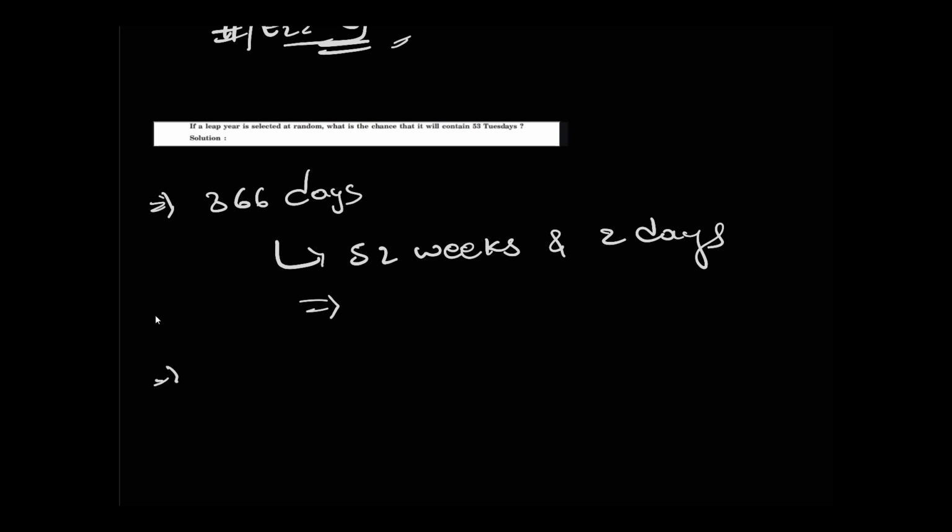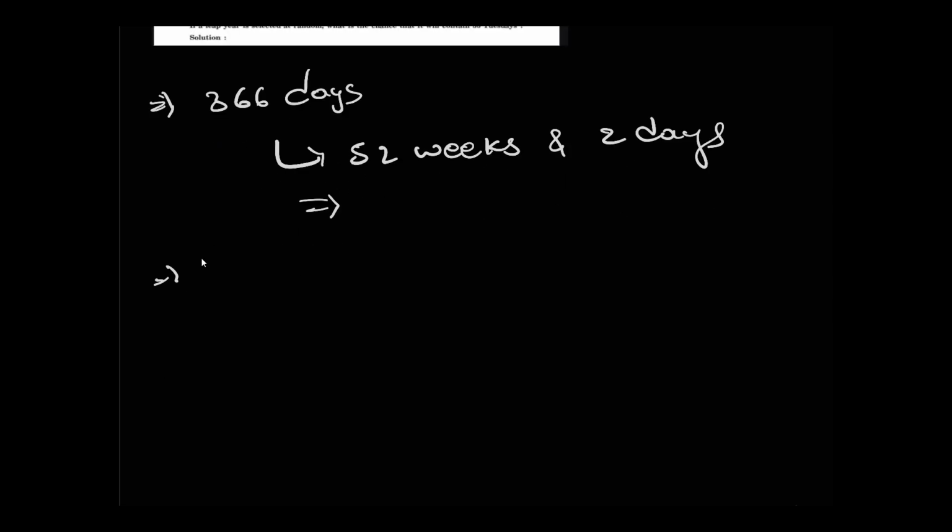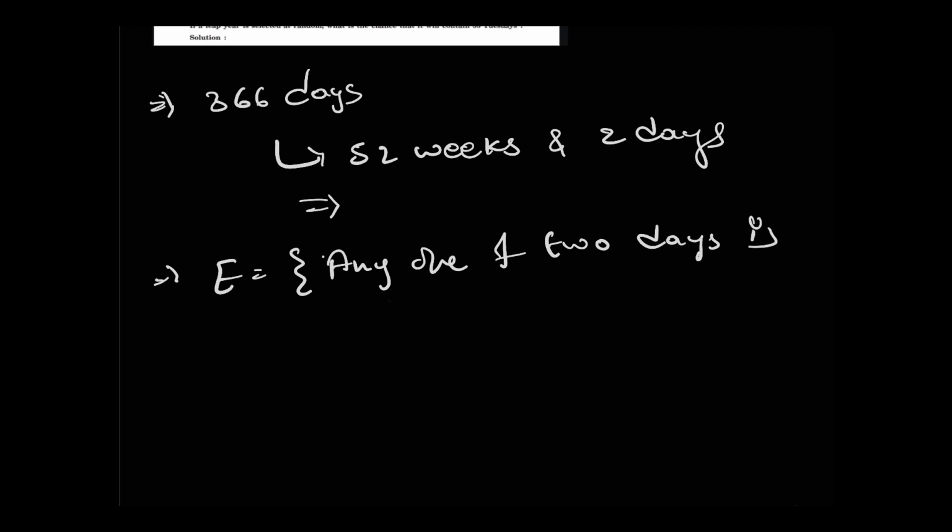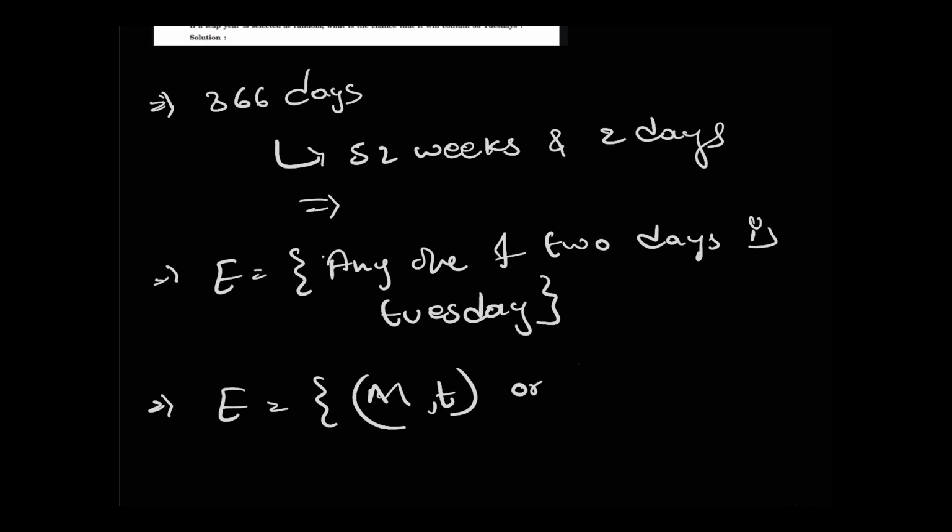So the event is that of the extra 2 days, any one of the 2 days should be Tuesday. So the event equals either Monday and Tuesday or Tuesday and Wednesday.